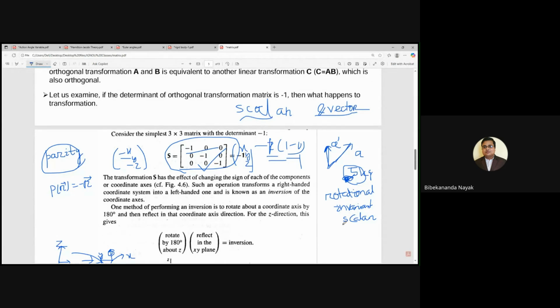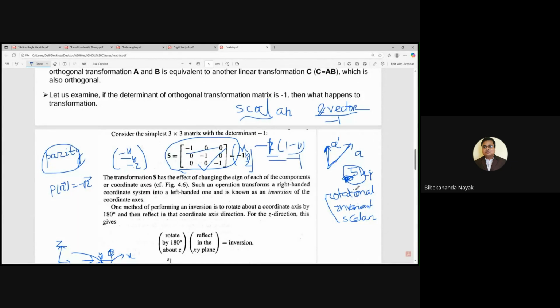So under parity inversion it remains the same. But a vector changes direction, so it has x, y, z, i cap, j cap, k cap, which change. If we multiply by minus, it becomes minus. So a vector has negative parity, meaning f of r becomes f of minus r. But a scalar does not change.